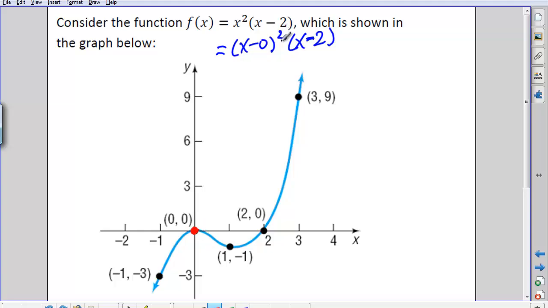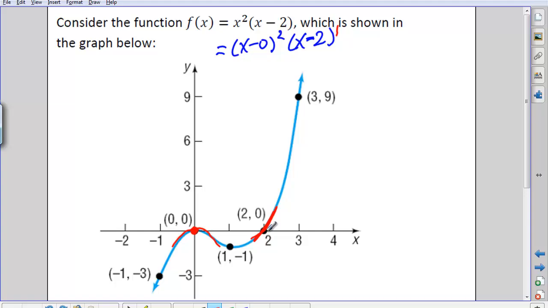And since that's squared, we would expect that to touch the x-axis and turn around at 0, and sure enough, that's exactly what happens here. It touches and turns around. x minus 2 to the first is odd multiplicity, and that crosses right there. So even multiplicity touches, odd multiplicity crosses.